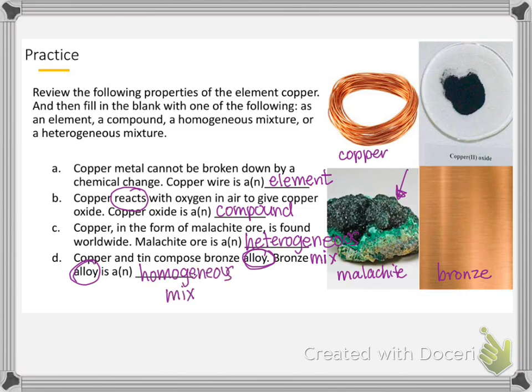Remember, the word alloy is another word for a homogeneous mixture of metals. All right, so just be sure that you know the different classifications of matter, and practice being able, given descriptions or different chemicals or different words, to classify where it would go within that whole system of matter.